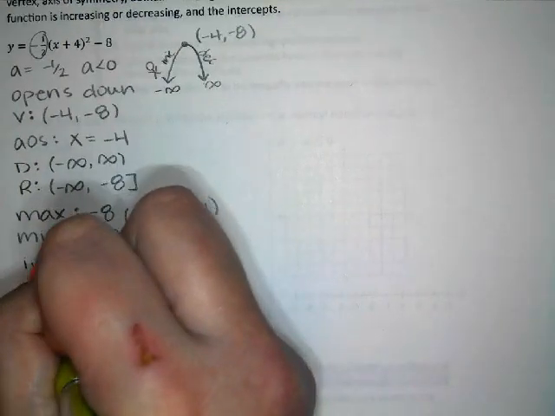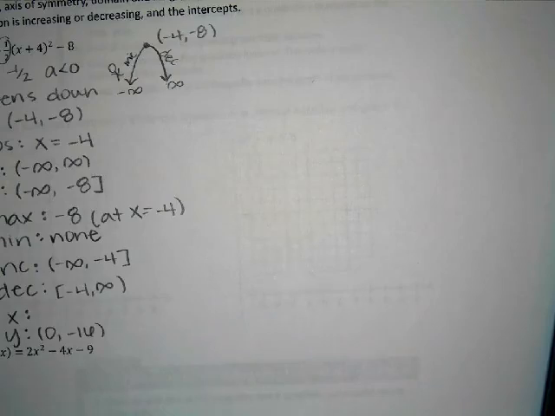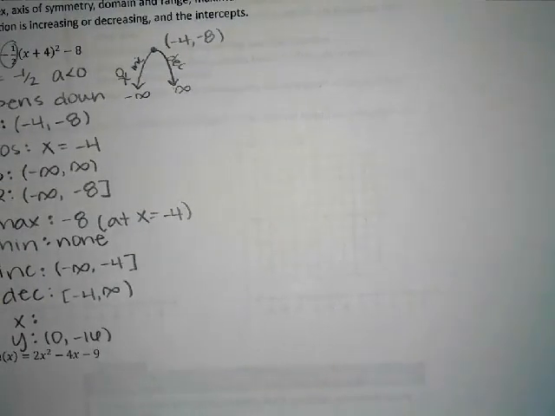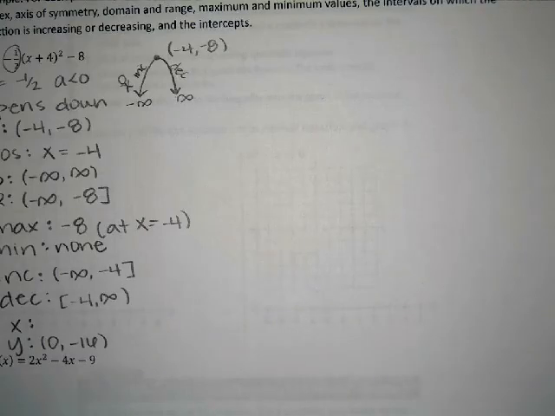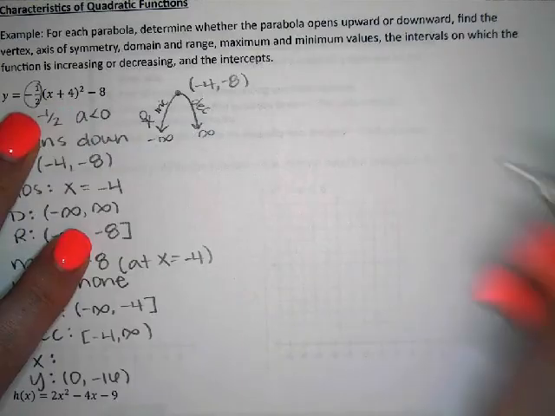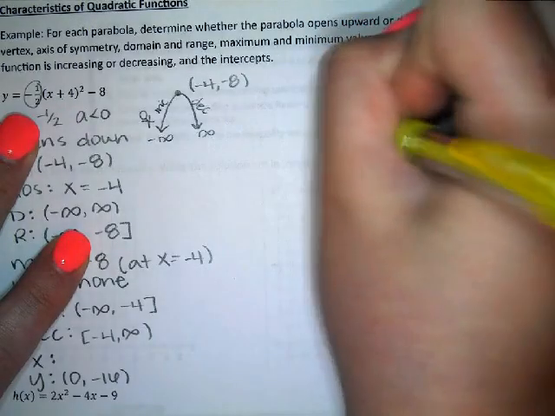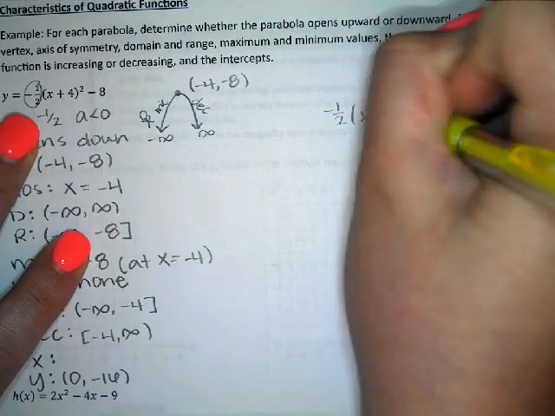Now, the x-intercept is always going to take a little bit more work. Okay, so I'm going to explain to you how we're going to do the x-intercept. So for this one, we have -1/2 (x plus 4) squared minus 8, and the x-intercept is wherever this equals 0.